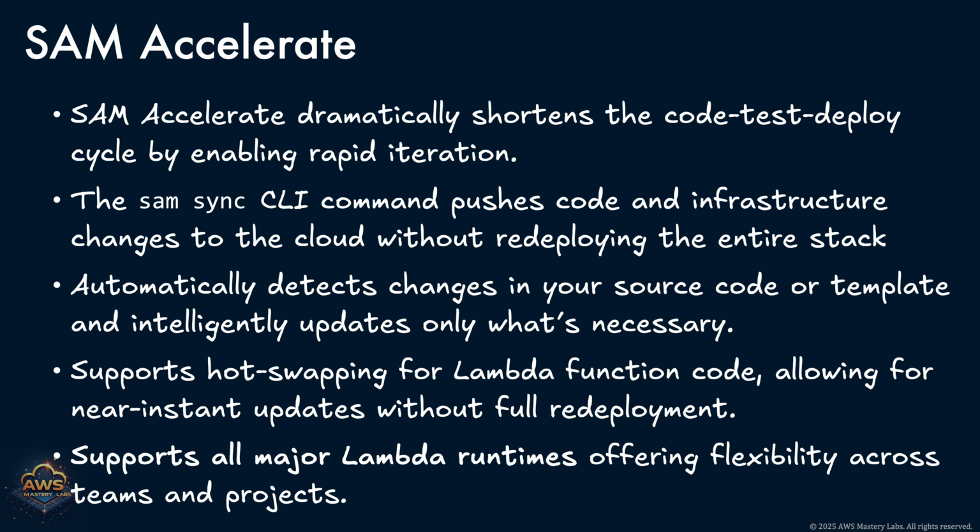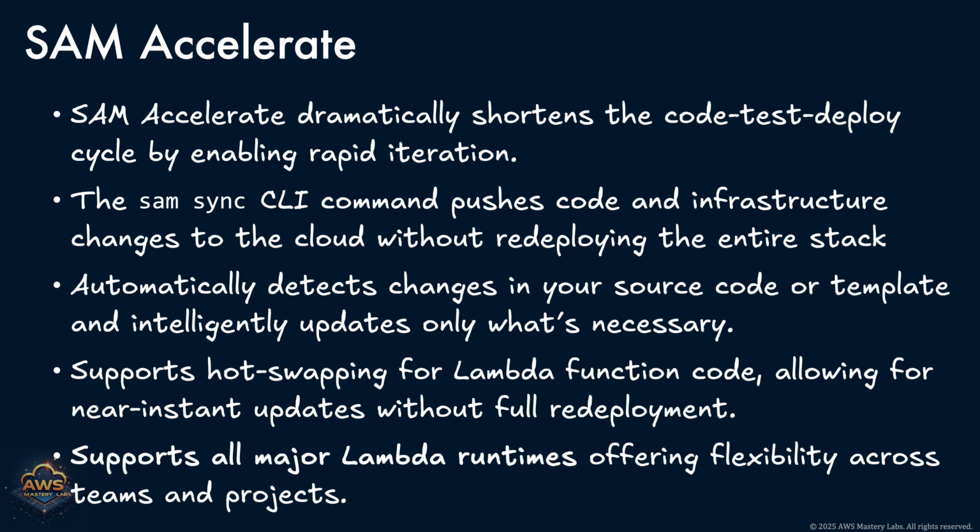One of the key advantages of SAM Accelerate is that it lets you test changes directly in the cloud. That means you're no longer relying solely on local emulators or mocks. You're testing against real AWS resources, APIs, DynamoDB tables, event triggers, which results in more accurate debugging and fewer surprises when deploying to production. SAM Accelerate also supports all major Lambda runtimes, including Python, Node.js, Java, Go, and .NET, so it fits seamlessly into your team's existing tech stack.